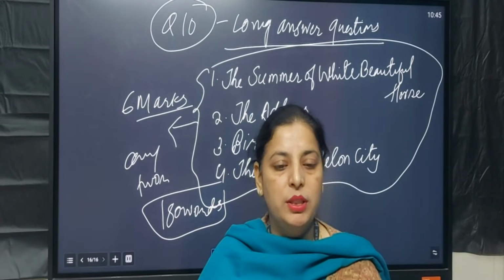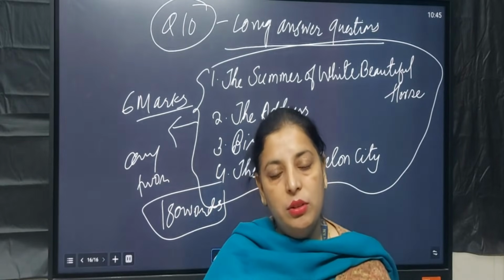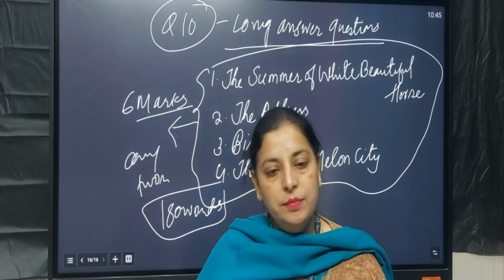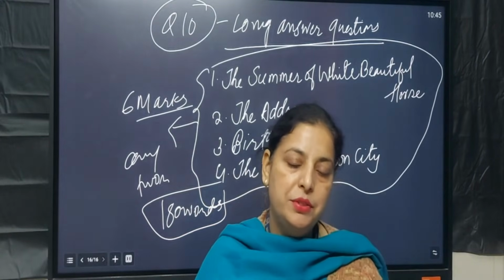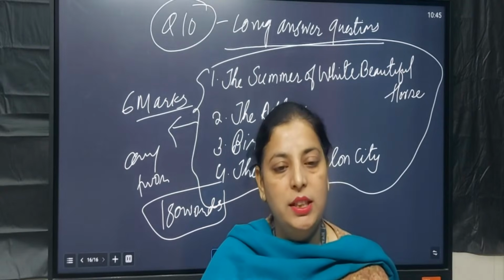Most of the time, what students do in the long question is they only go for the summary of the chapter. कुछ भी क्वेश्चन पूछा है वो सिर्फ समरी के ऊपर ही आंसर कर देते हैं, पूरी कहानी लिख के आते हैं.